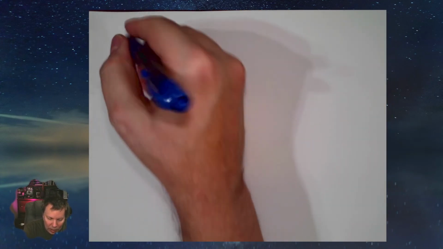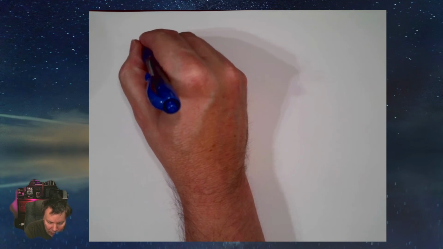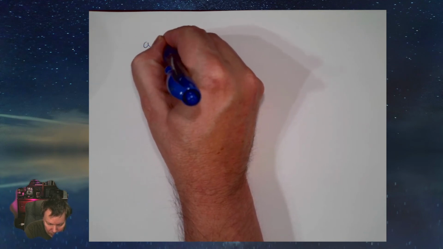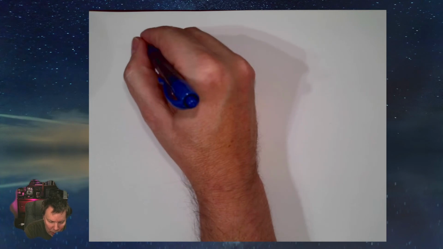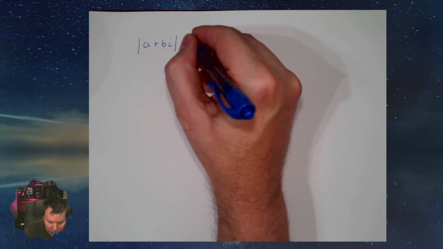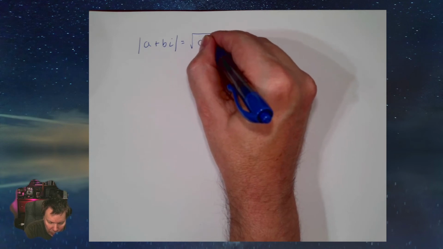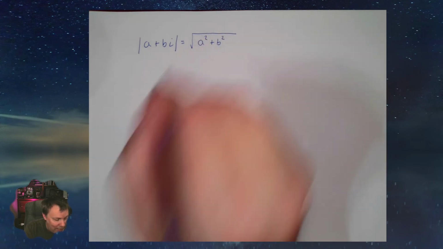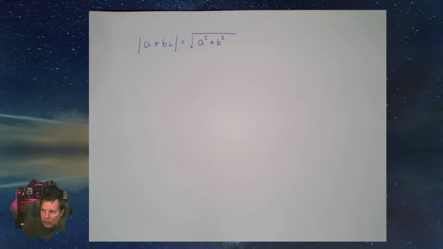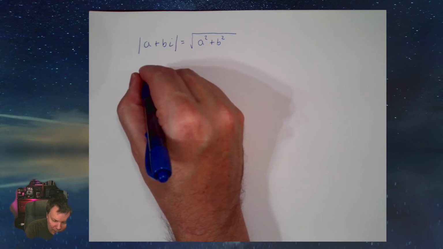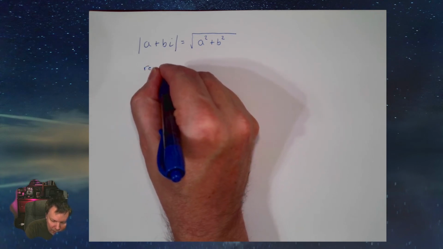So, if I have a complex number and I want to look at the norm of this thing, well, that's equal to the square root of a squared plus b squared. That's the definition of the norm of a complex number. Now, what I have over here, I have this real part and this imaginary part.